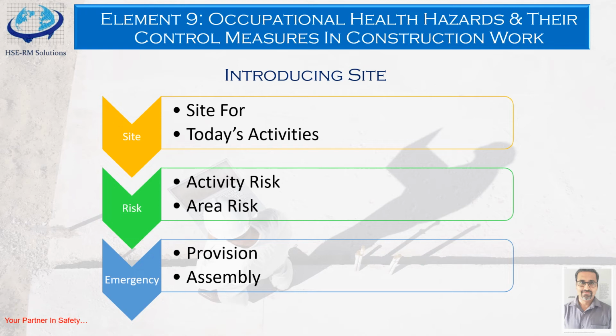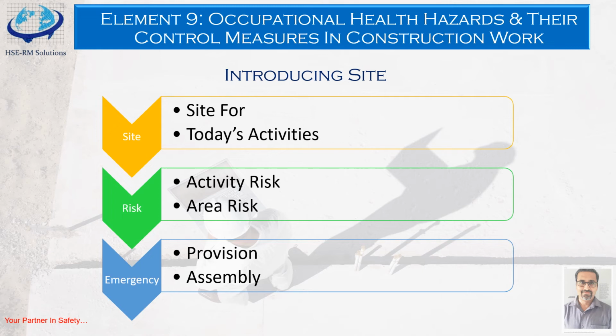So all area-based risk and activities you need to define. You need to have a simple graph or a photograph, and this introduction should always be given with the area layout in front of you, so that the briefing becomes much easier, correct?